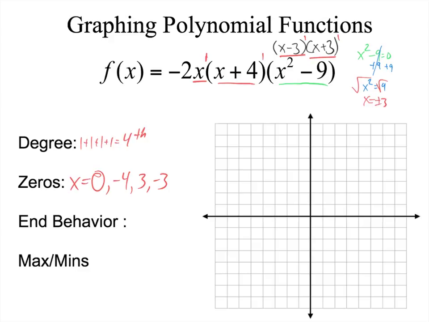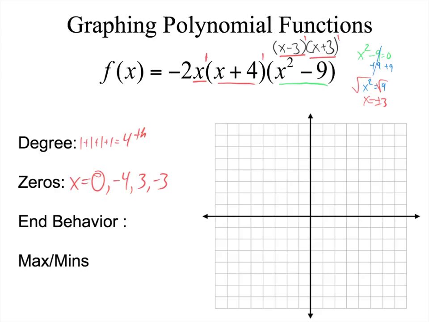Don't you get the zeros of negative 3, positive 3? So you could technically set this equal to 0 and solve it, or you could factor it and see it in factored form. It's whatever makes you happier. You have to be able to see it in either format, factor it, or solve it. Your call. Okay, 4th degree, 3 zeros.